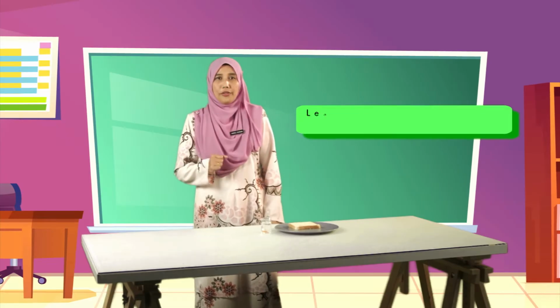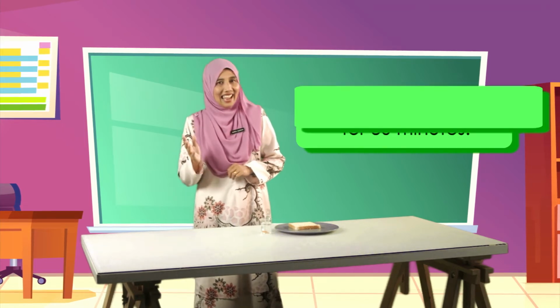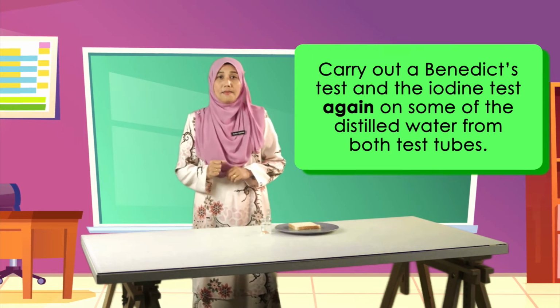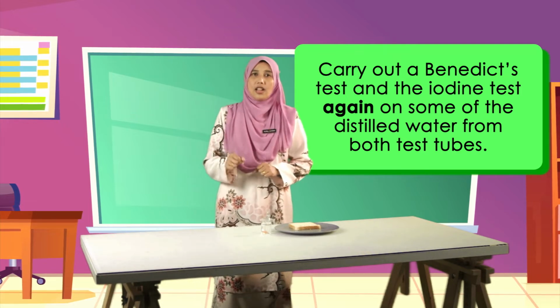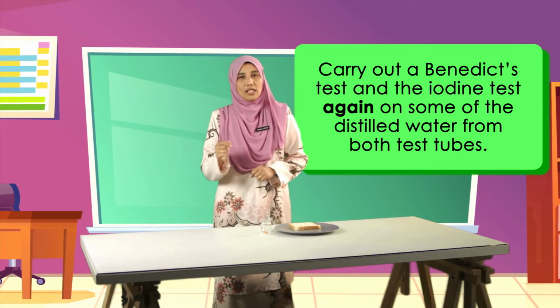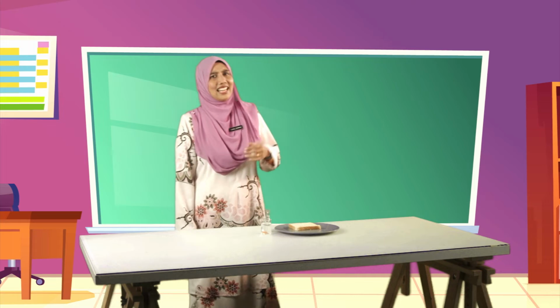If the observation is dark blue when tested with the iodine test, that means starch is present. You have to leave the apparatus for 30 minutes. Then, you need to conduct the Benedict's test and the iodine test again on some of the distilled water from both test tubes.